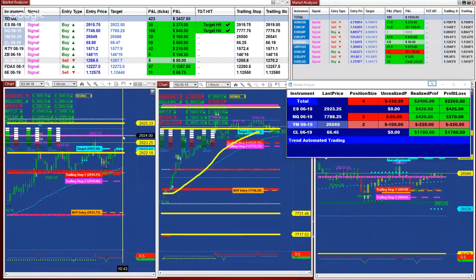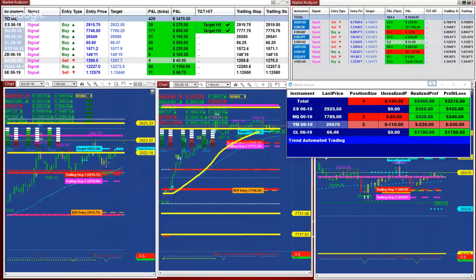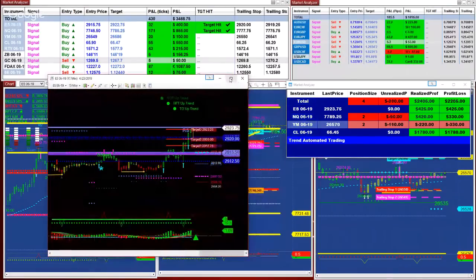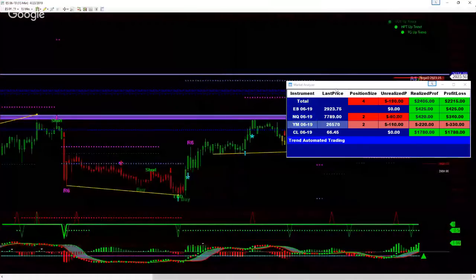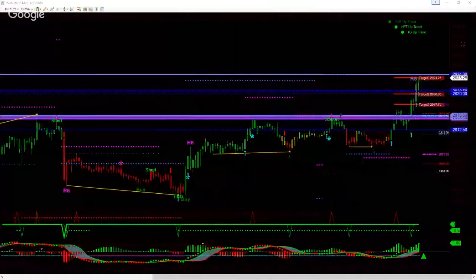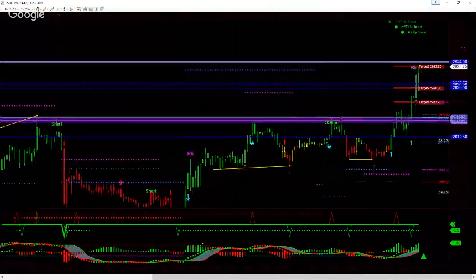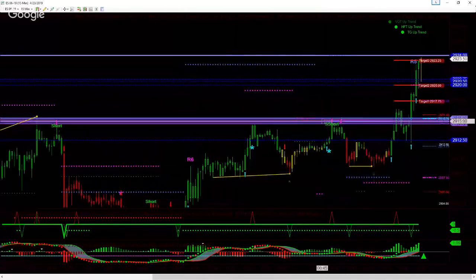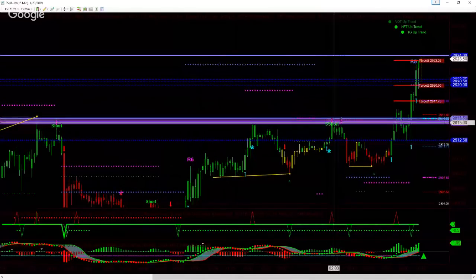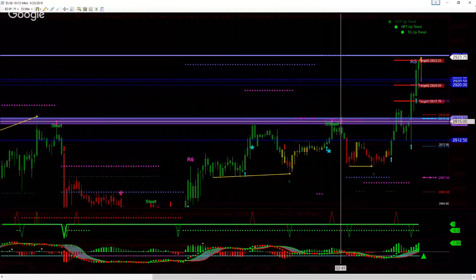Most likely the ES is going to hold at 29.24. If you wanted to see what's going on with the ES, we can always pull the 15 minutes, and this is the 15 minutes, and you can see where it was the most hard resistance.